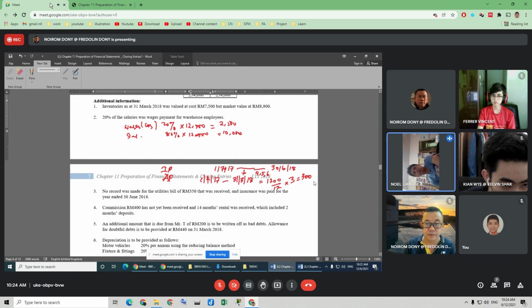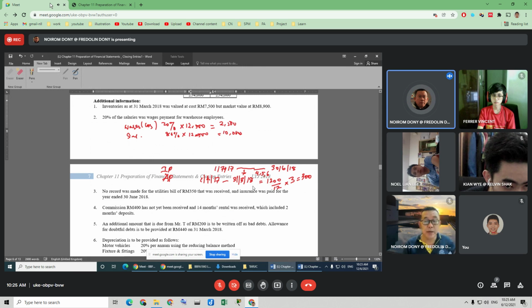Why divide by 12? We divide by 12 because insurance is paid for 1 year. The 1,200 is for 1 year, so we assume it accrues evenly throughout the year. So we divide by 12.